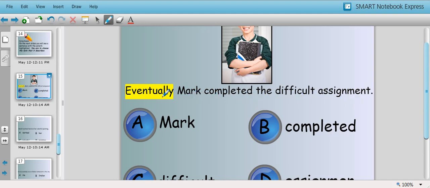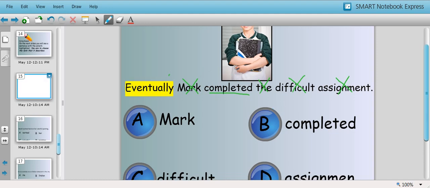Well, eventually does not modify Mark. Eventually does not modify the. Eventually does not modify difficult. And it does not modify assignment. So we look at the word completed. Does eventually tell us how, when, or where Mark completed?